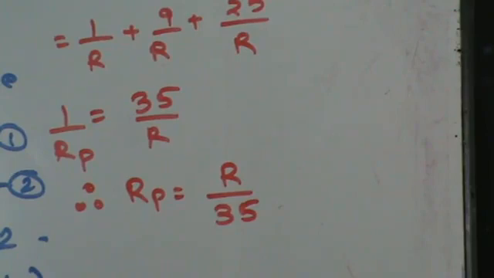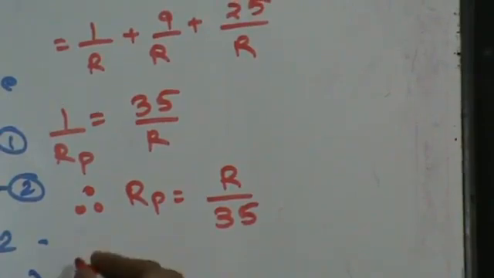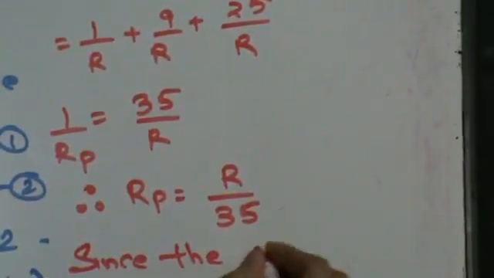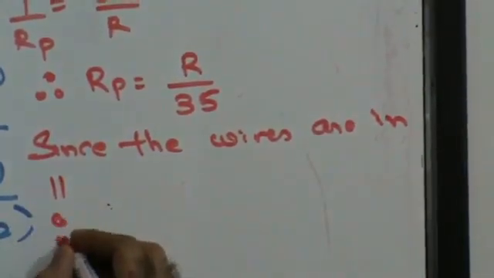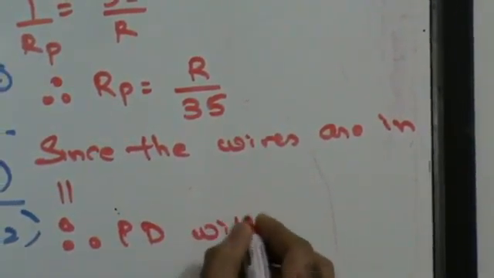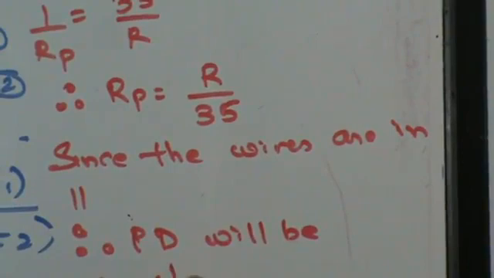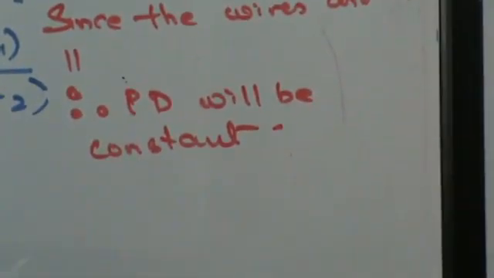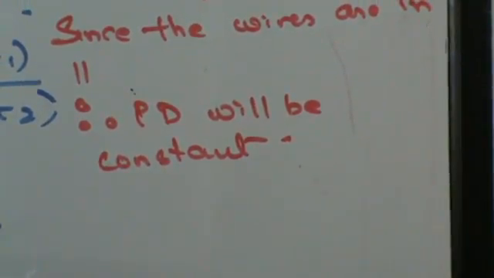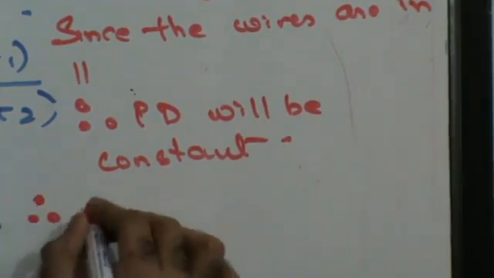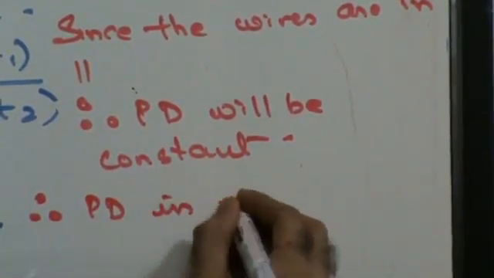They have given the total current as 40 amps. Since the wires are in parallel, the potential difference is constant. In a parallel circuit, the potential difference in each wire will be the same.